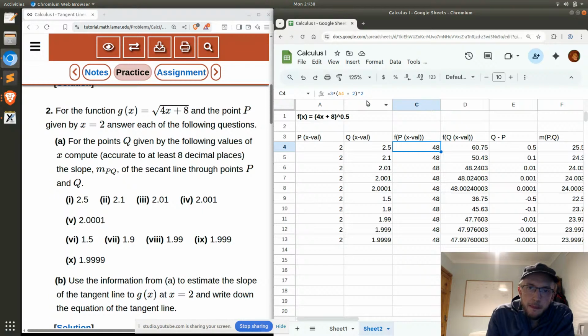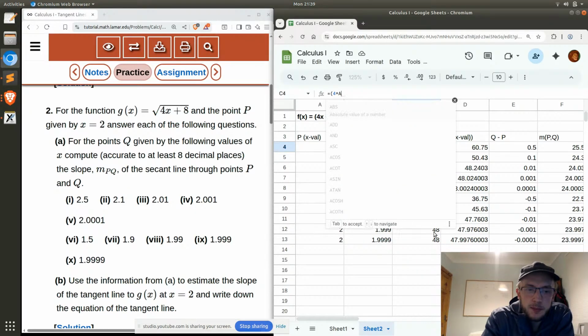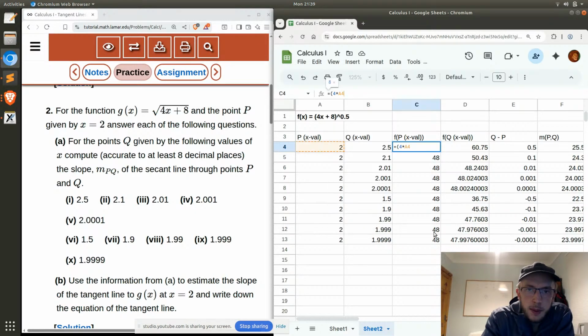And we now work out what f of p is, which will be the same in every single case. So it's going to be 4 times, let's just say a4 plus 8 all to the 0.5.